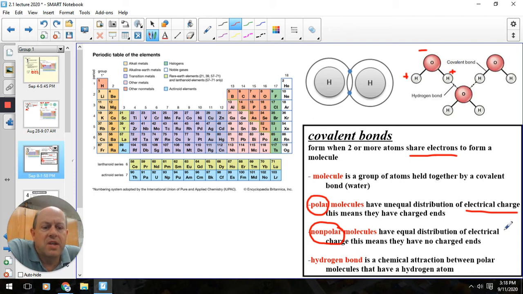And so that creates a polar molecule. When it was an even distribution, that would be our nonpolar molecule, because there's really no charge because the electrons are evenly shared.